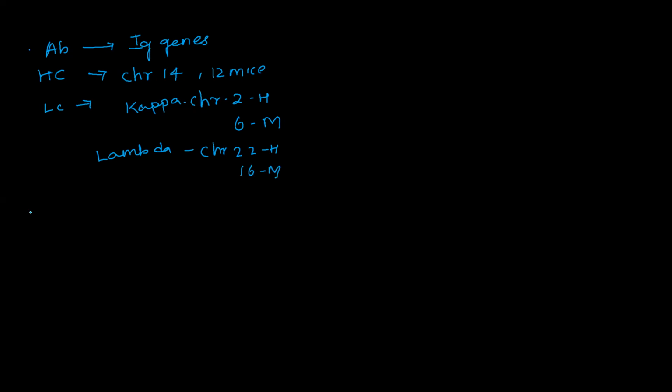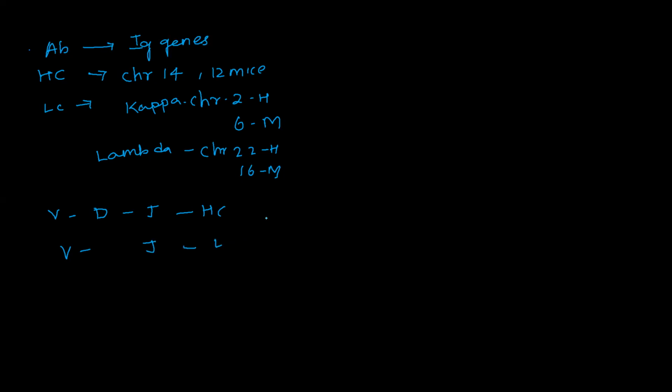We have already seen that the immunoglobulin gene is comprised of the variable V region, the diversity D region, and then the joining J region in the case of heavy chain. And in the case of light chain, we have the variable V region and joining J region.